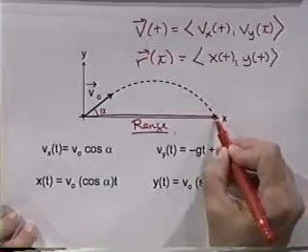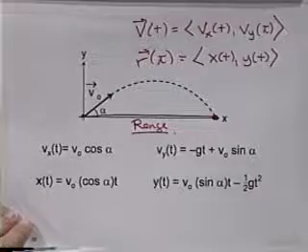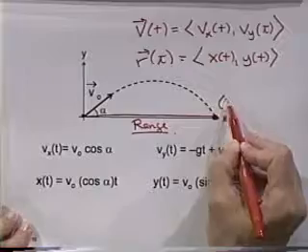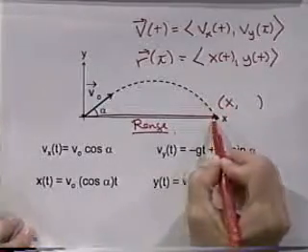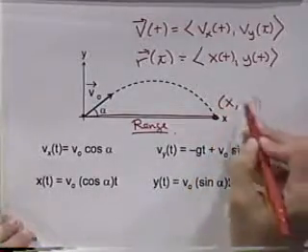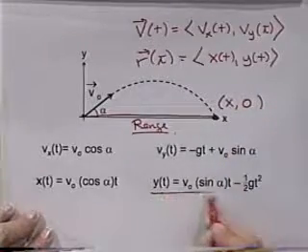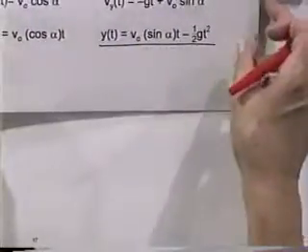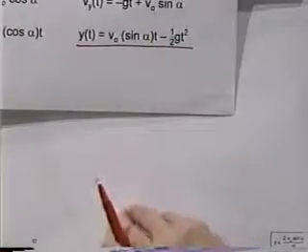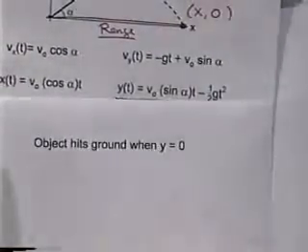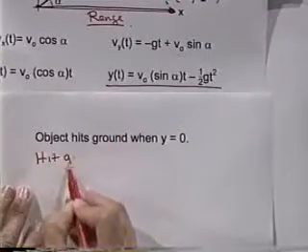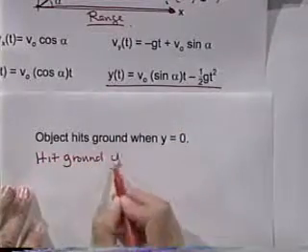Now notice, when you hit the ground, you know something about its position. I want to find the x-coordinate. I already know the y-coordinate. What's the y-coordinate? 0. So this equation right here that's giving me my y-coordinate must be 0. If I take that equation, y of t equals v naught sine alpha t minus 1/2 gt squared, when I hit the ground, y is 0.